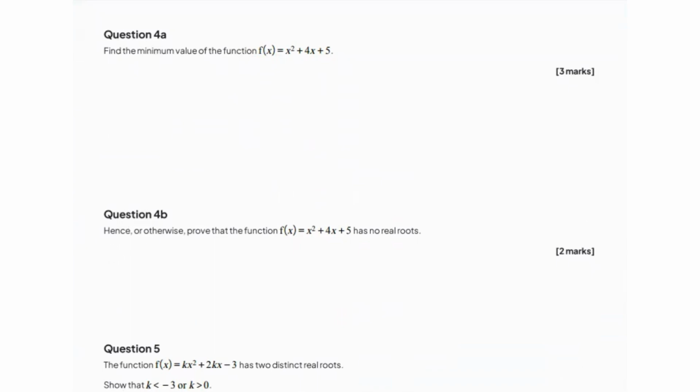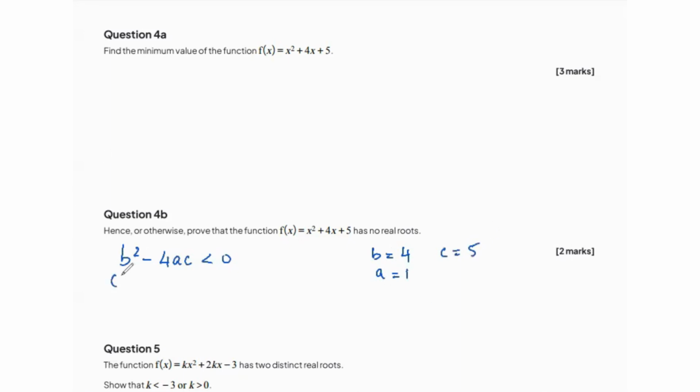we use b squared minus 4ac, which is the discriminant formula. So for it to have no real roots, your b squared minus 4ac value has to be less than 0. So b is 4, a is 1, and c is 5.